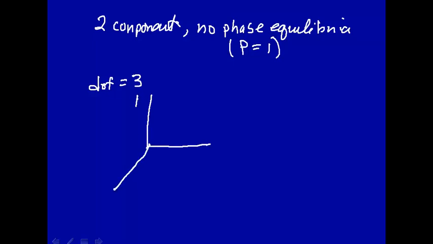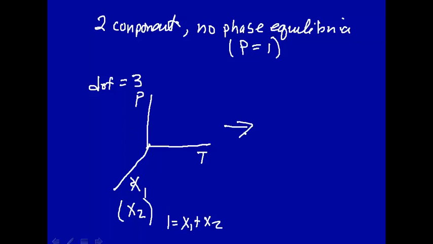So along one axis will be pressure, along the other axis will be temperature, but that third axis will be, say, mole fraction of the first component, or it could be mole fraction of the second component. You don't need a fourth axis because the mole fraction of the 2 components have to sum to 1. So in general, for 2 components, we need a 3-dimensional graph.